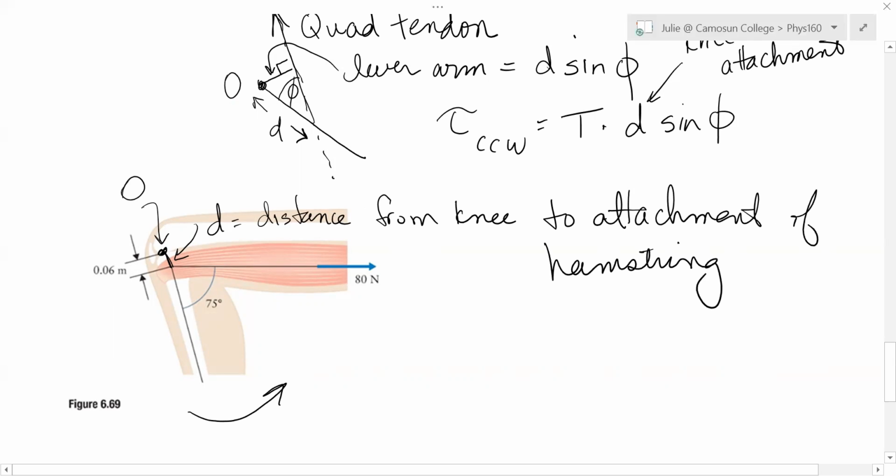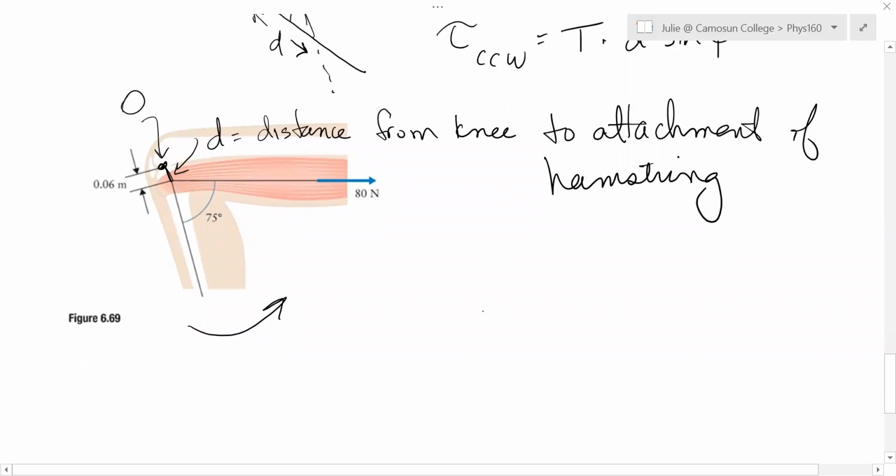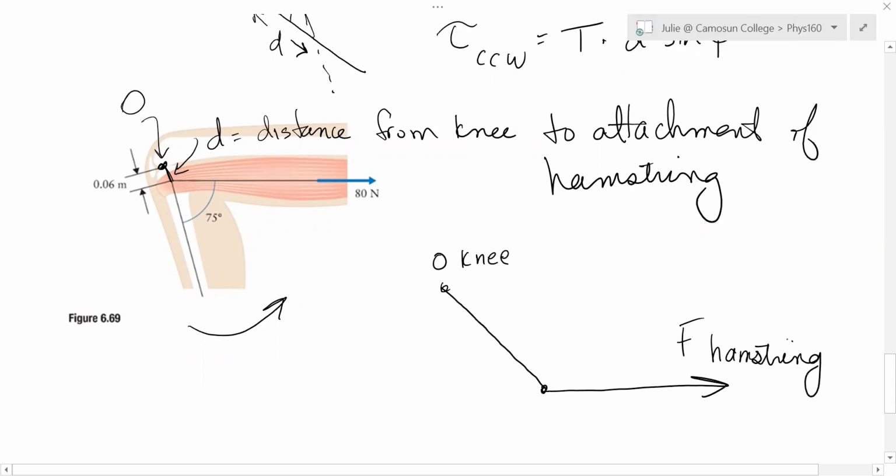But because your leg's at an angle like that, the triangle would look like this. Knee over to your hamstring. So this is O, this is your knee. And then way down here, your hamstring goes like that. That's the force of your hamstring. And that distance along here is D. And so what we need to do, we need to drop, there's a line of action of the force. We need to go down perpendicular.